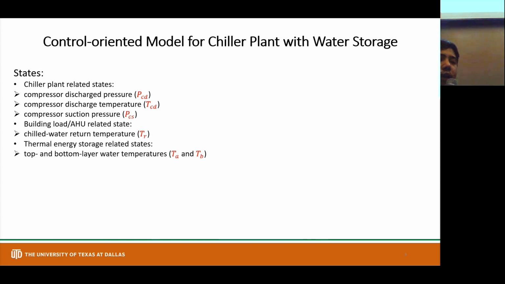One building-load-related state is the chilled water return temperature. And for the stratified thermal energy storage, we use a 2-layer model to represent the subsystem. So there are two temperatures, the top layer temperature and the bottom layer temperature.